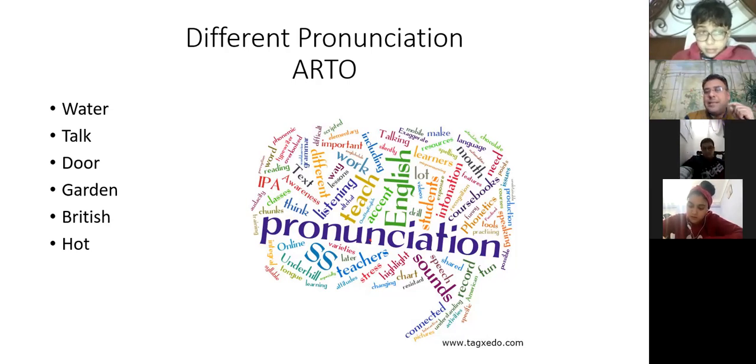So I pronounce T like D and I pronounce R in American. In British, I pronounce T as T, and I don't pronounce R. So again, the first word in British, water; in American, water.